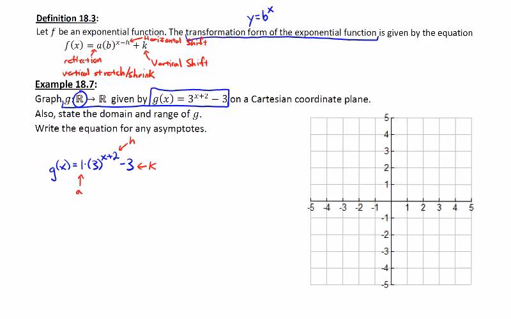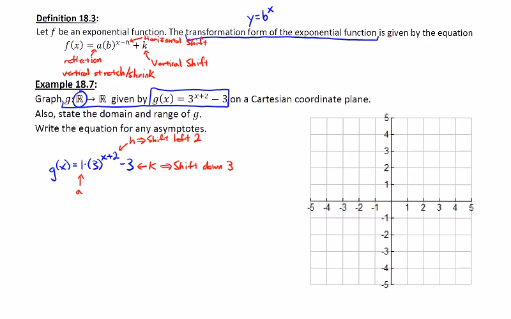The h, because it says x plus 2, tells us that we have to do a shift to the left by 2. And then for the k, since it says minus 3, this implies that we are going to need to shift down by 3.